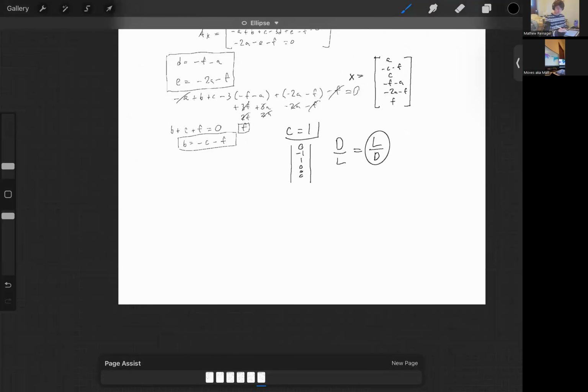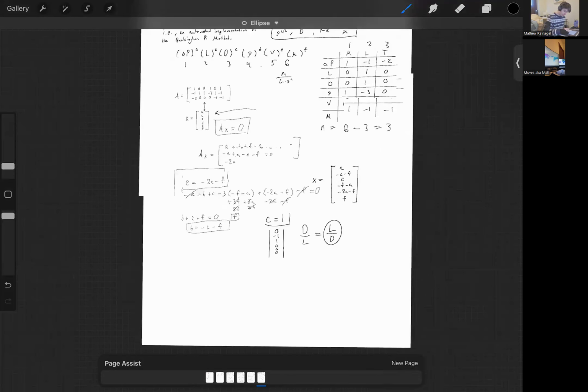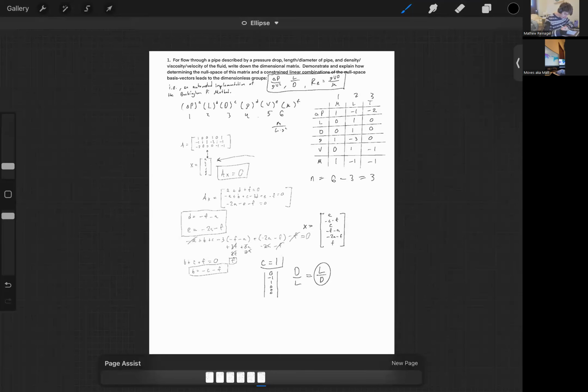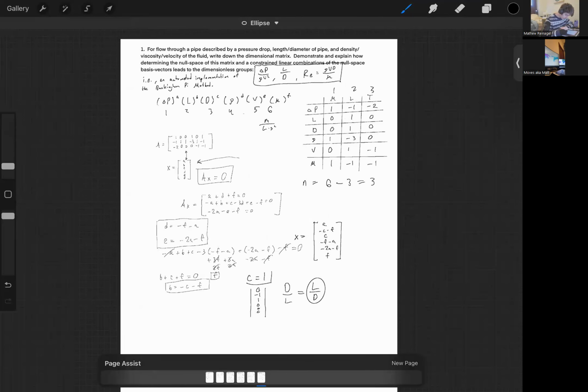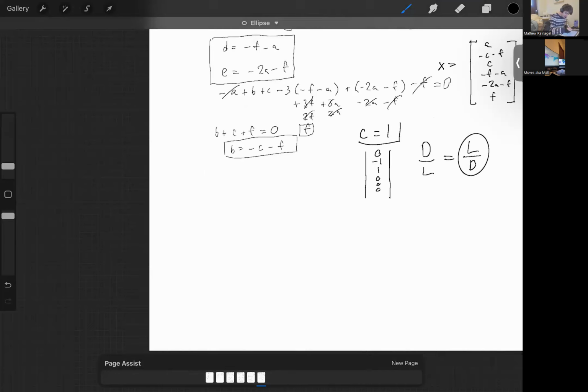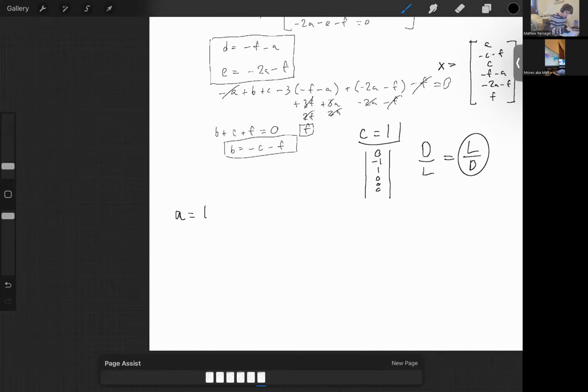So let's proceed. I'm going to try to get the pressure drop next. I'm going to try to preserve value. Let's say A equals 1. I think that'll get us what we want.